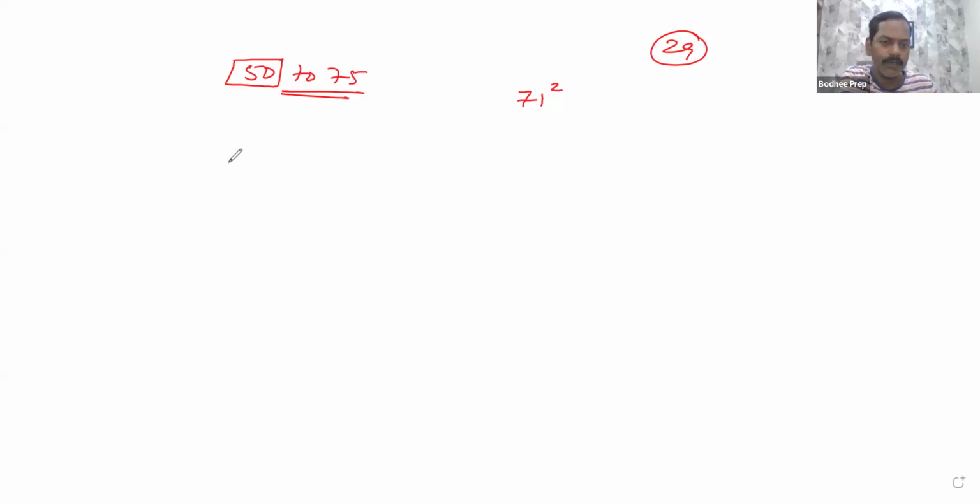Let's see what happens. Let us assume that we want to find the square of 54. Comparing it with 50, the difference is positive 4. So 4 square is what? 16, that we have written. Now this plus 4 will not be added to the base. There is a change.